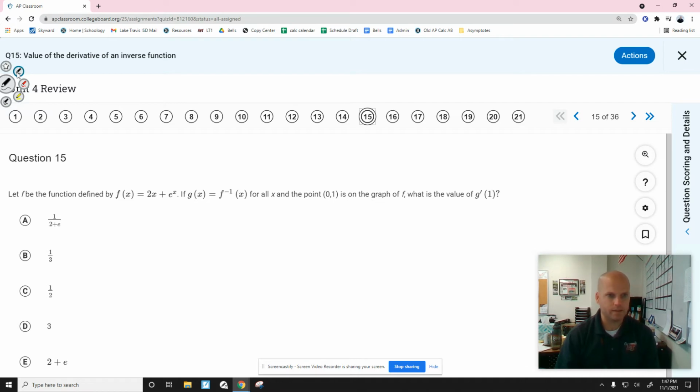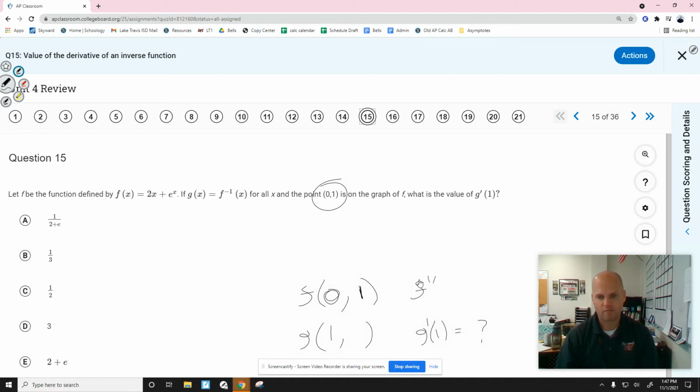Same deal. g prime of 1, what is it? I don't know. It's at the point (1, something) on g. I don't have g, but I do have f. And I am told, like I told you, for your quizzes and your tests, it's going to be the same thing. (0, 1) is on the graph of f. So when the y-coordinate is 1, the x-coordinate is 0.